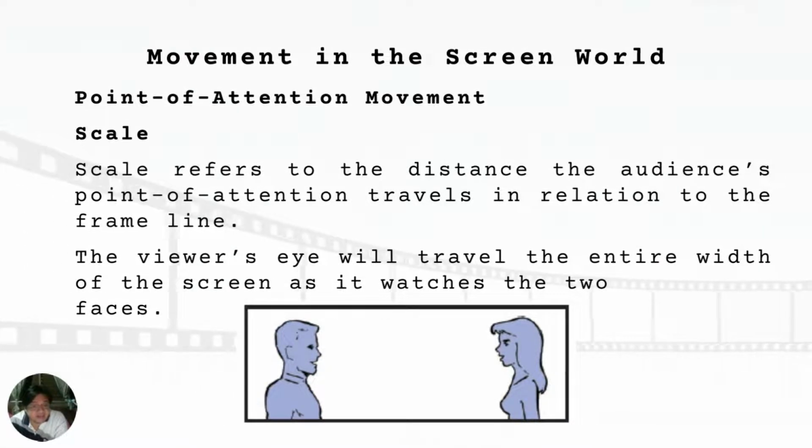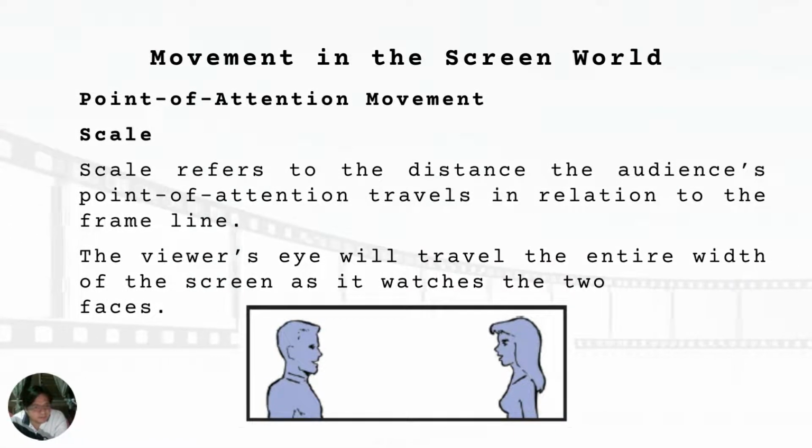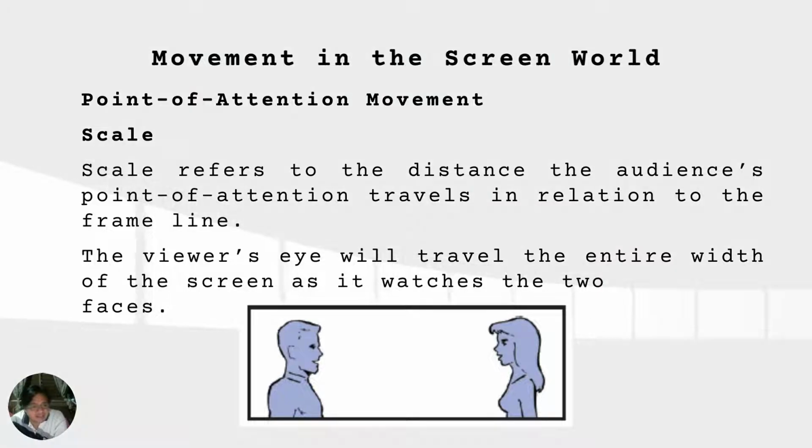Now, next is scale. Now, scale refers to the distance the audience's point of attention travels in relation to the frame line. Now, the viewer's eye will travel the entire width of the screen as it watches two faces. Di ba? When you see the figure or the illustration in front of you, you look at one face and then you look at another. In doing so, di ba, your eyes travel diagonally in a straight line.